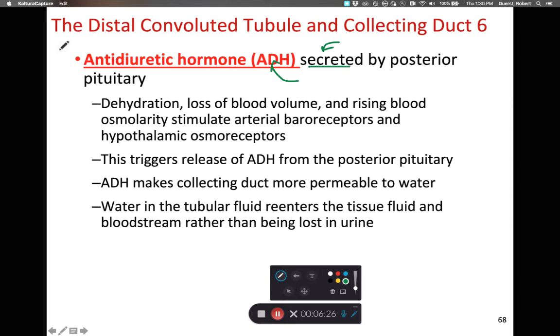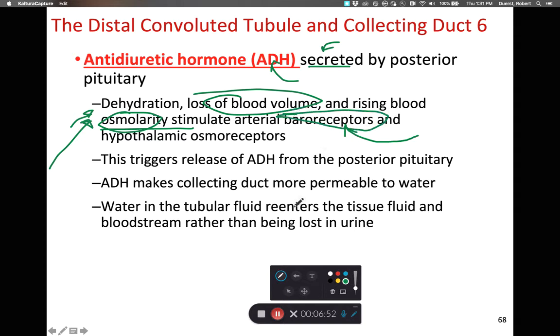Things that trigger ADH release include dehydration, overall loss of blood volume, rising blood osmolarity, meaning we have too many dissolved electrolytes within our blood, or a decreased blood pressure being picked up by the arterial blood receptors.